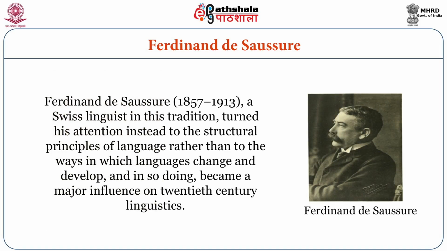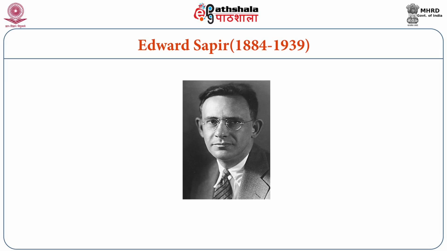Ferdinand de Saussure, a Swiss linguist, in this tradition turned his attention instead to the structural principles of language rather than to the ways in which language changes and develops, and in so doing became a major influence on 20th century linguistics. Now, another big name is Edward Sapir, 1884 to 1939.